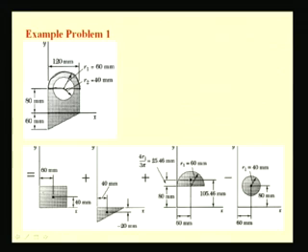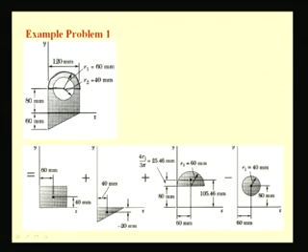So, we have this rectangle whose centroid is located, obviously, since this rectangle has two axes of symmetry, at 40 mm from the x axis and 60 mm from the y axis.